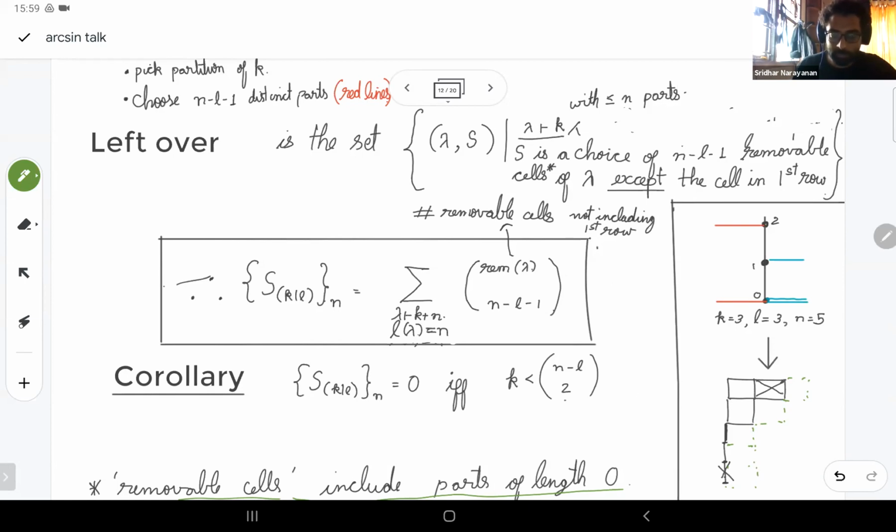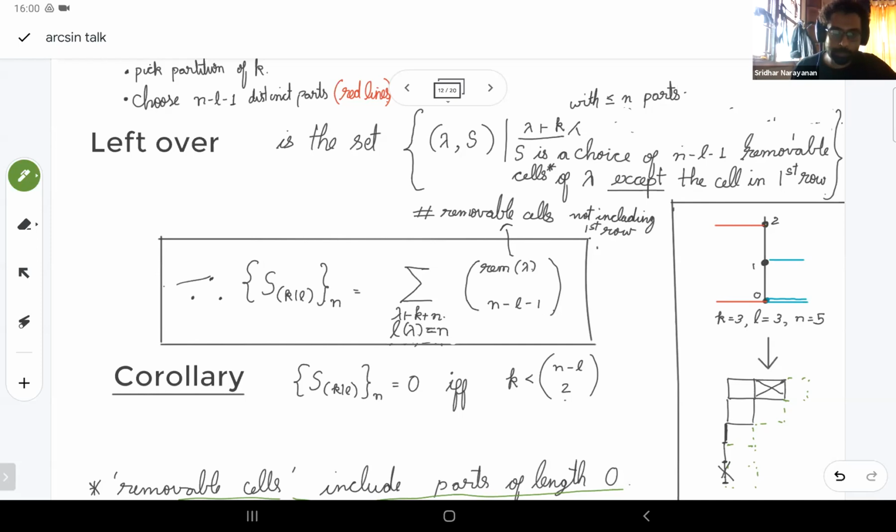Why are we choosing removable cells? Because we want to choose distinct parts of the partition, and the number of distinct parts of the partition is equal to the number of removable cells of that partition. Each block of parts of the same size contributes a single removable cell. So the number of removable cells tells you how many distinct parts there are.